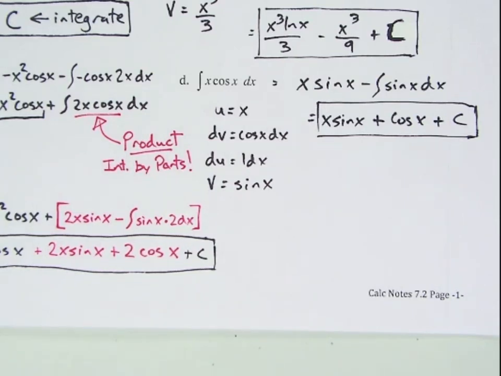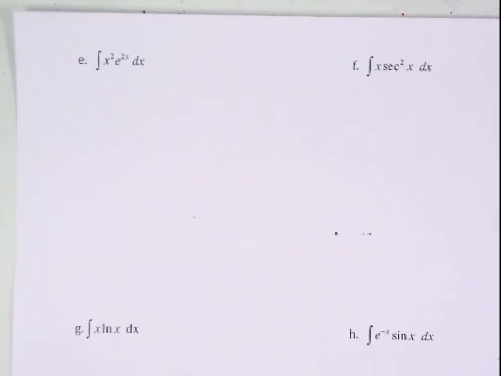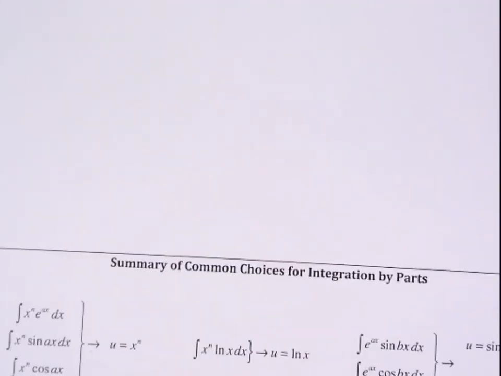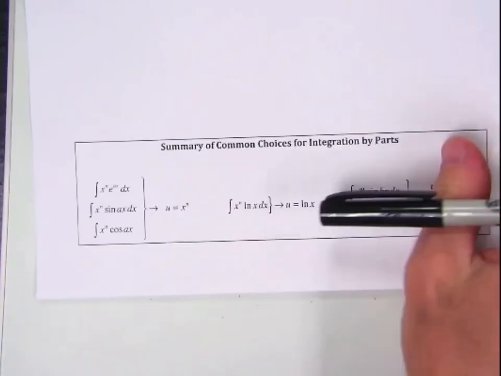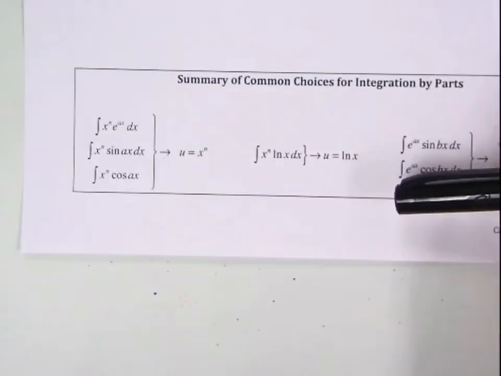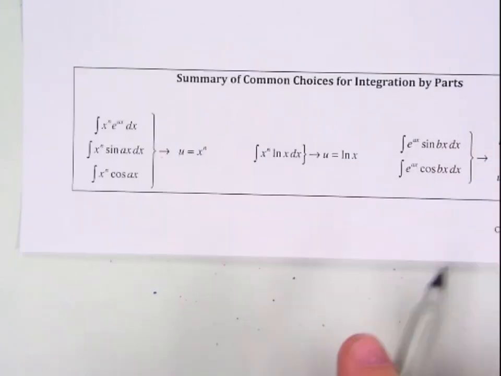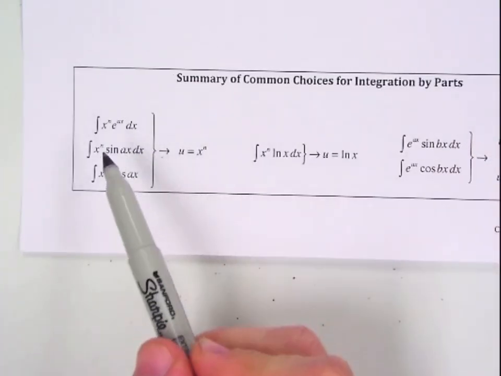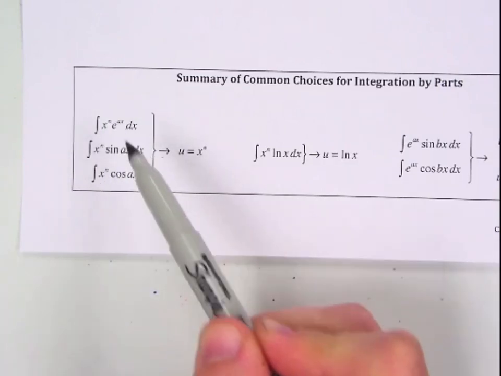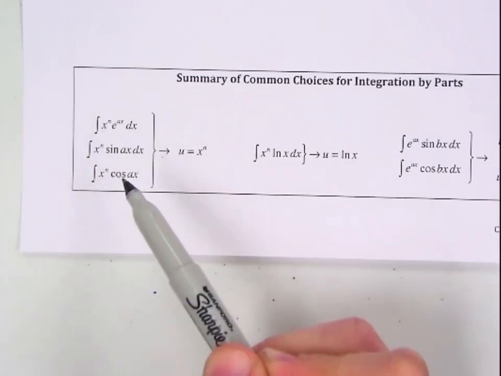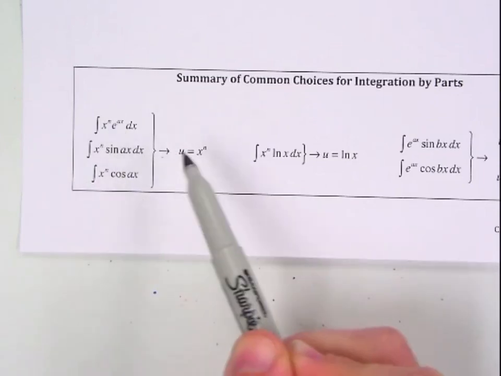All right, let's go ahead and turn the page. Now, down here at the bottom, I've put a little cheat sheet summary for you of common choices for integration by parts. These all have an x to the n, with e, sine, and cosine. In this case, you're going to let u be x to the n.